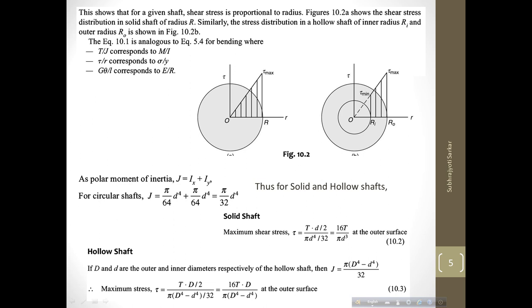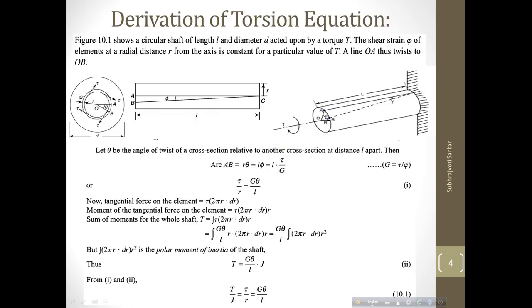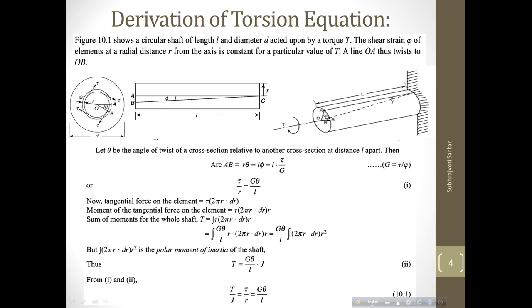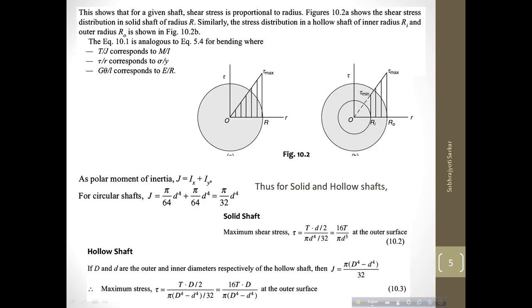T by J equals tau by R, therefore tau is equal to R into T by J, that means tau is proportional to R. That means as the value of r is increasing from 0 to capital R, the value of shear stress is also increasing.